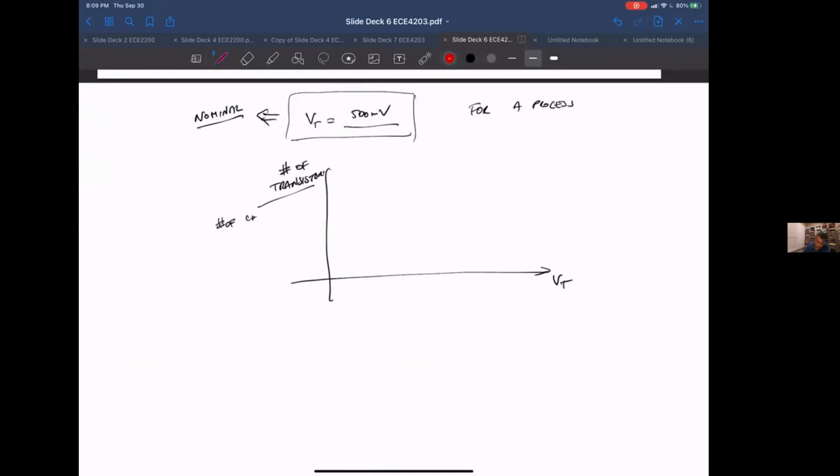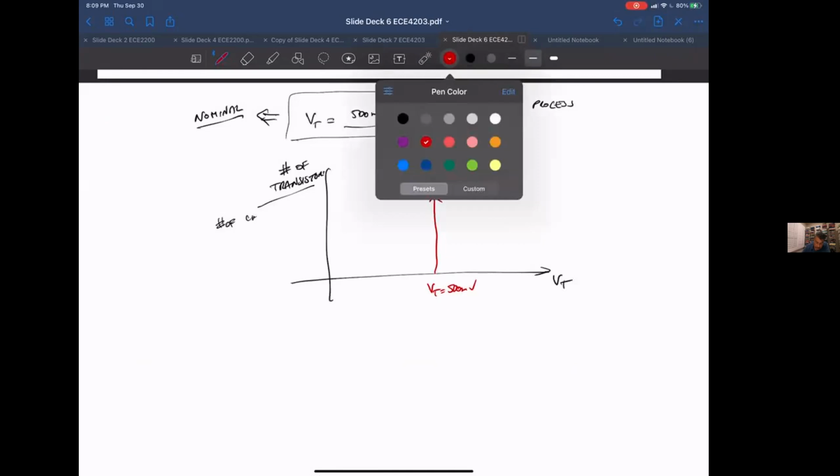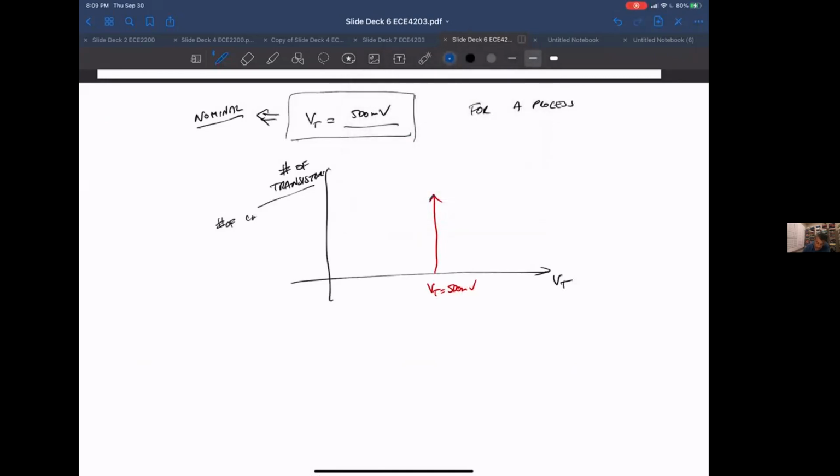What it'll really look like, it won't look like this. Not all of them are going to end up at exactly 500 millivolts. Very typically, just like a lot of other things in life, you'll get a Gaussian curve, where the majority will end up at the mean value of 500 millivolts.